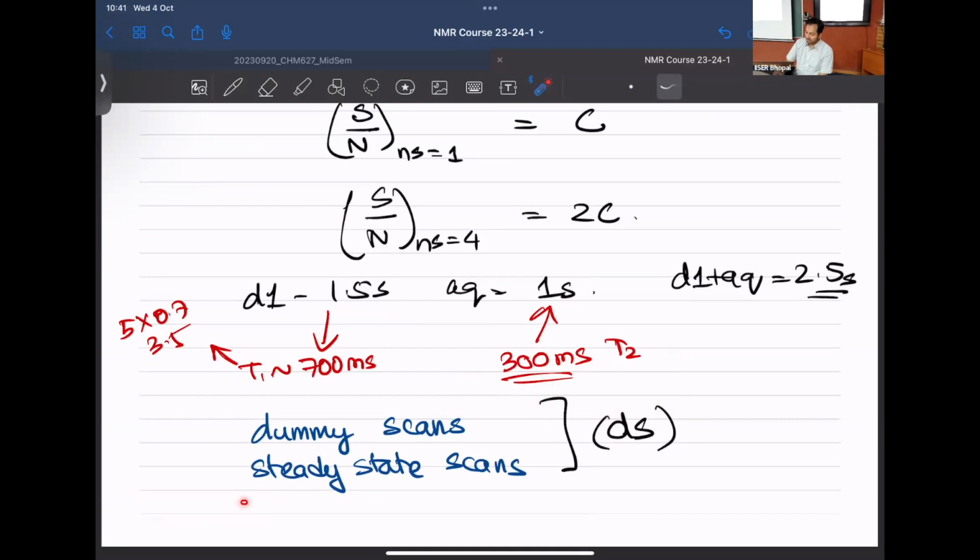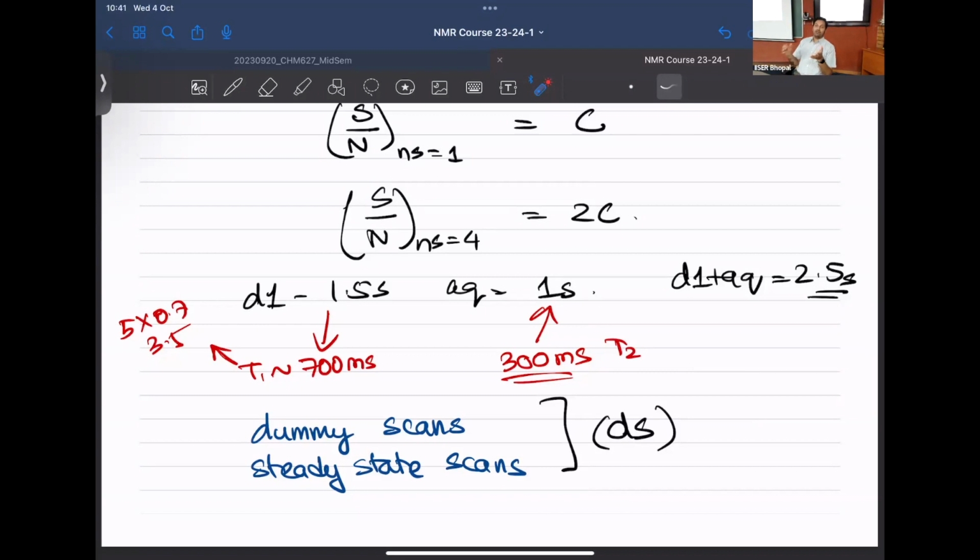Okay, so the dummy scans help you achieve the steady state equilibrium given different T1s of the system. So therefore, generally as NMR spectroscopists, we will not worry about differences that exist in T1 and T2 or different spins that are there. We take an average for the molecule and end up executing that experiment.